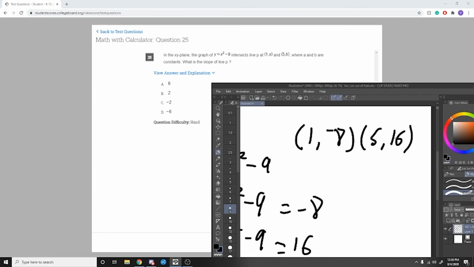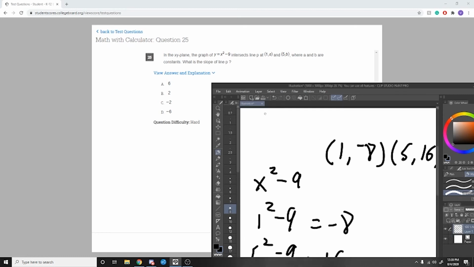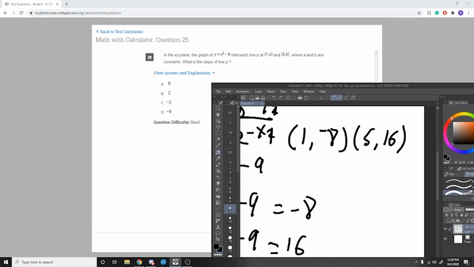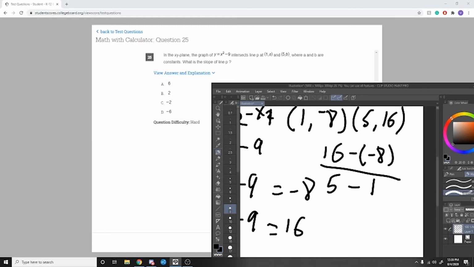Now we just need to do the rise over run, the formula, I forgot what it's called, but it's basically y1 minus y2 over x1 minus x2, or actually it should be y2 minus y1 over x2 minus x1. It really doesn't matter, honestly. So let's plug that in. It's 16 minus negative 8, and then 5 minus 1.